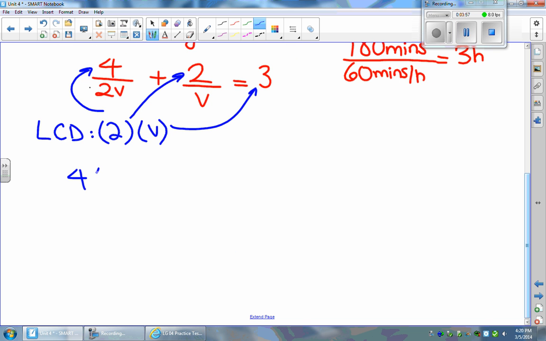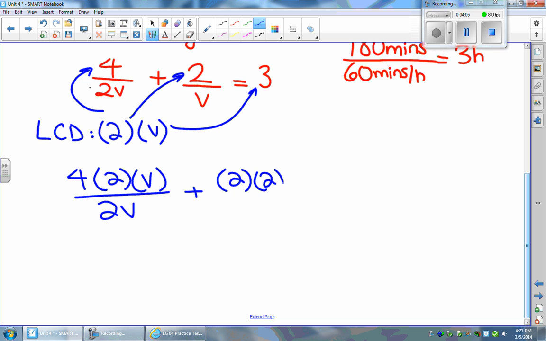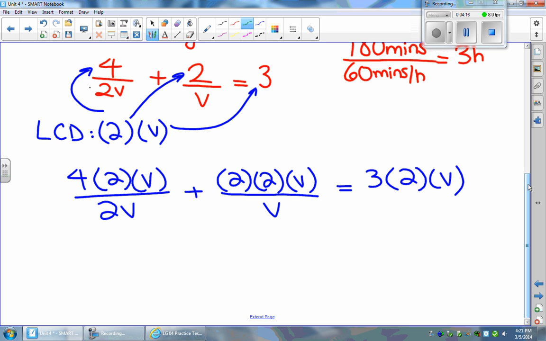So 4 times 2 times v over 2v plus 2 times 2 times v divided by v is equal to 3 times 2 times v. Now remember, the purpose of the lowest common denominator is so that we can get rid of our denominators.